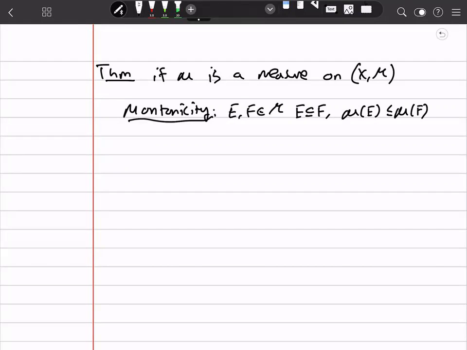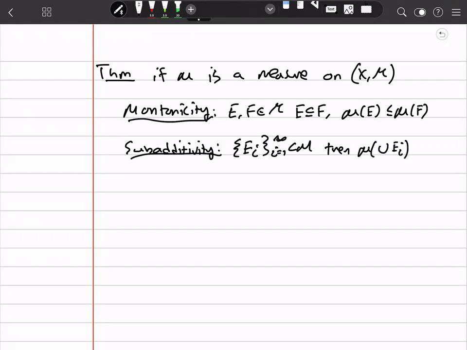The second condition is called subadditivity. If we have any general sequence E sub i in M, then we have mu of the union of E sub i is less than or equal to the sum of mu of E sub i.